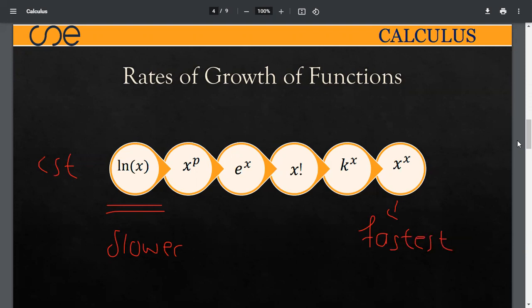So here, compare ln 2 to 2 power 2. See, this is 0.6 something, I guess, and this is already 4. Right? So if I have ln 3 and then it will be compared to 27. So this is 1 point something and compared to 27.